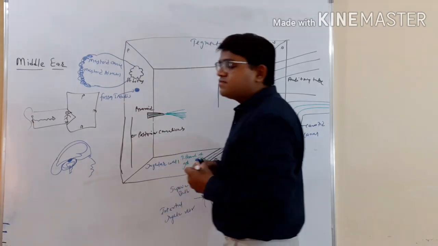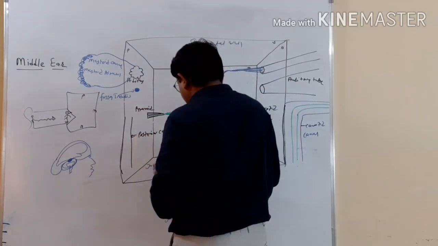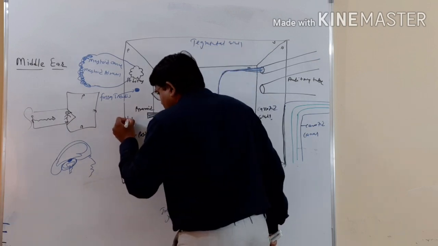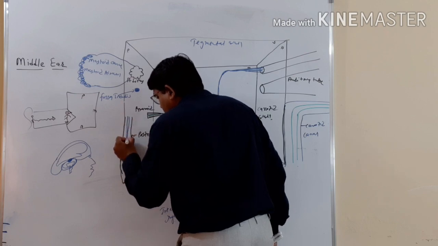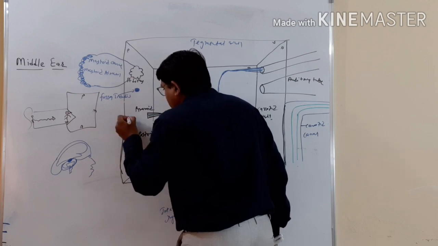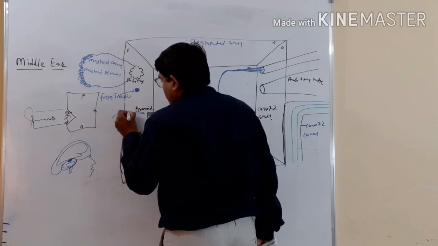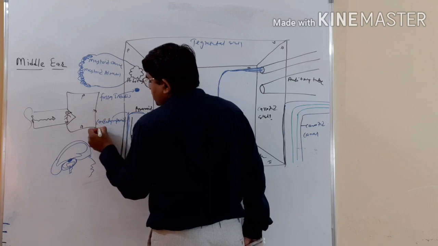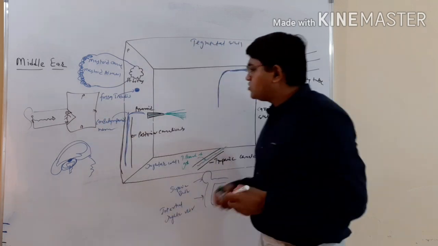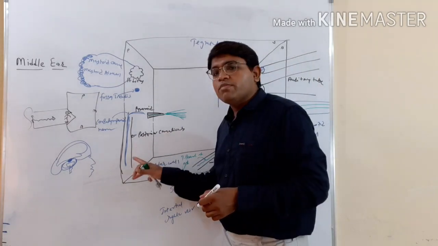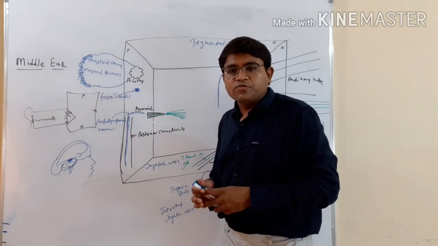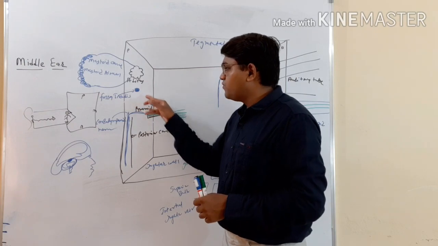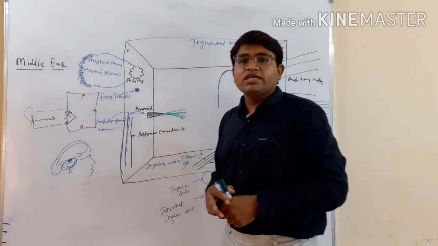On the posterior surface there is a posterior canaliculus, and it is lodged with one nerve, the chorda tympani nerve. So the posterior canaliculus is the canal for the chorda tympani nerve. These structures are present on the posterior surface: the aditus, the fossa incudis, then the pyramid, and the posterior canaliculus.